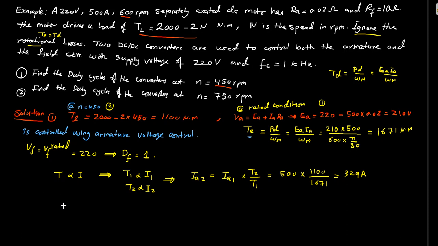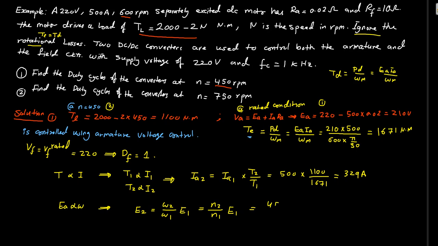Also, if we need to find VA, we need EA. The same thing: because the flux is constant, EA is proportional to omega. So in the same scenario, E2 will equal omega 2 over omega 1 times E1, and this will equal N2 over N1 times E1.